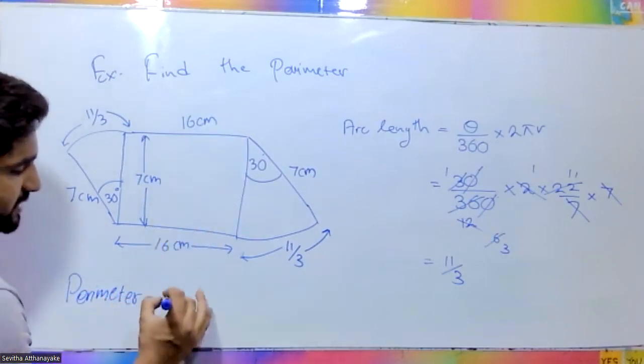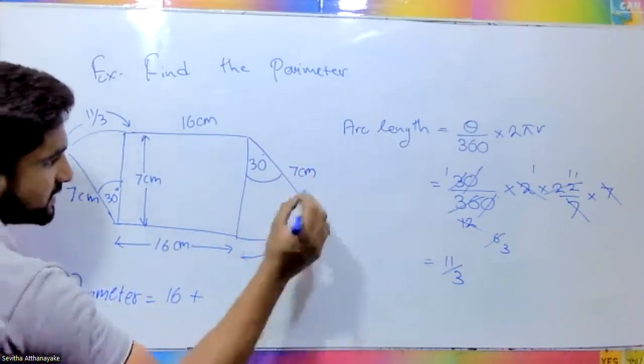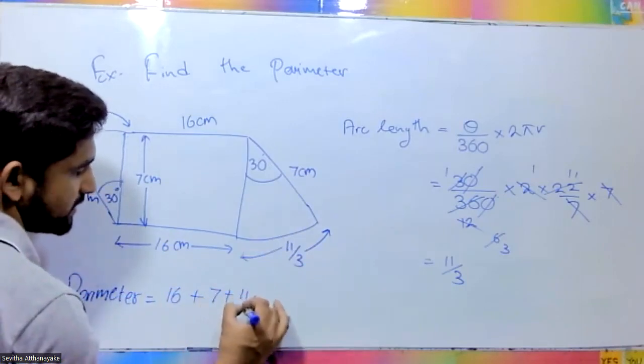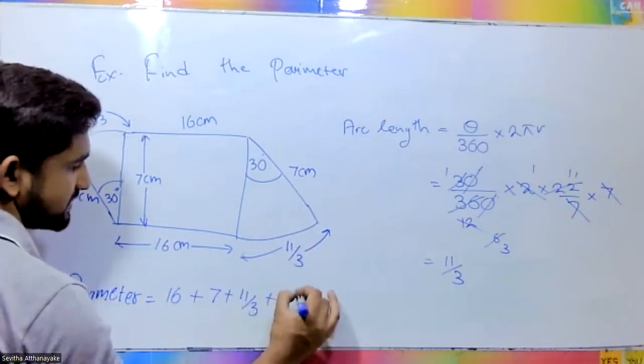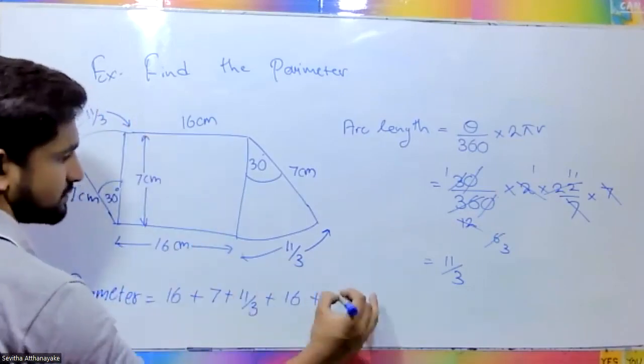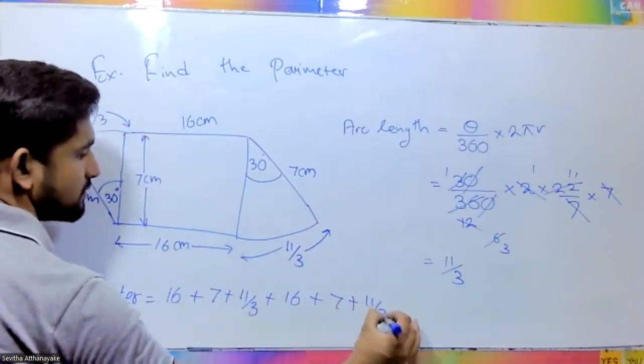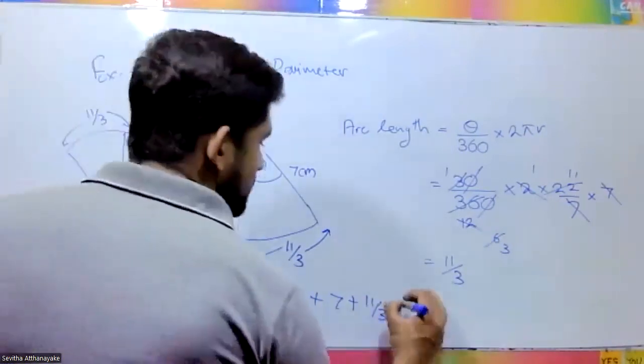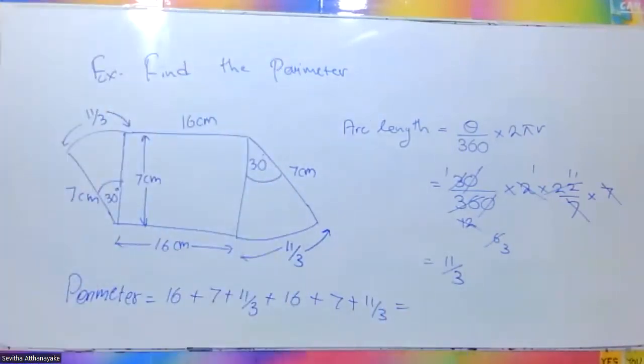We'll start from here. 16 plus 7 plus 11 over 3 plus again 16 plus 7 plus 11 over 3. Simplify this and try to get the answer and send me the answer.